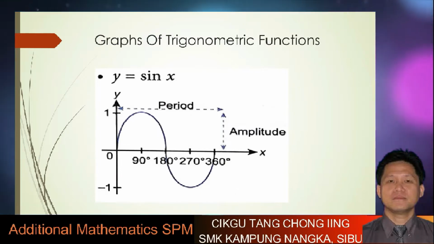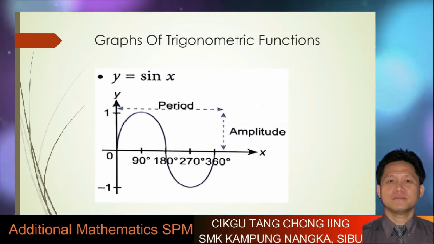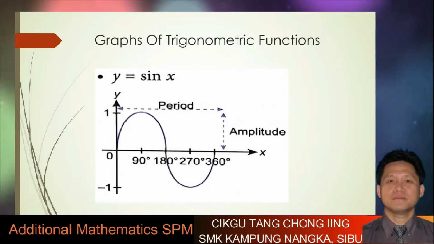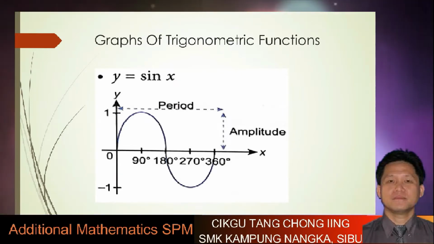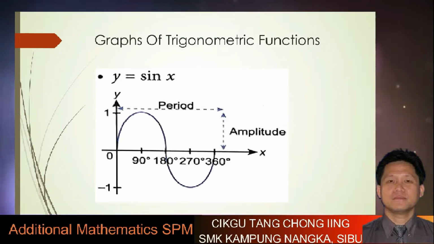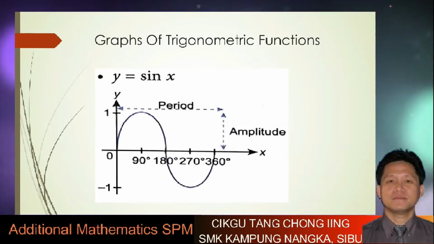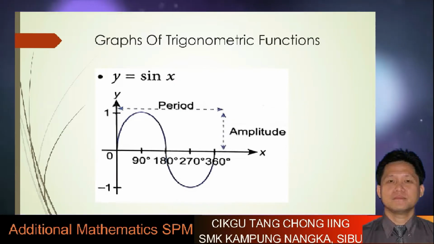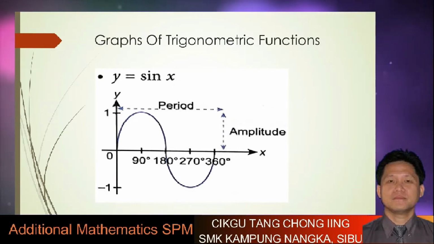And you also see the amplitude here, right? So amplitude is the distance between the center line, here is the x-axis, between the center line and the top or the bottom of the function.